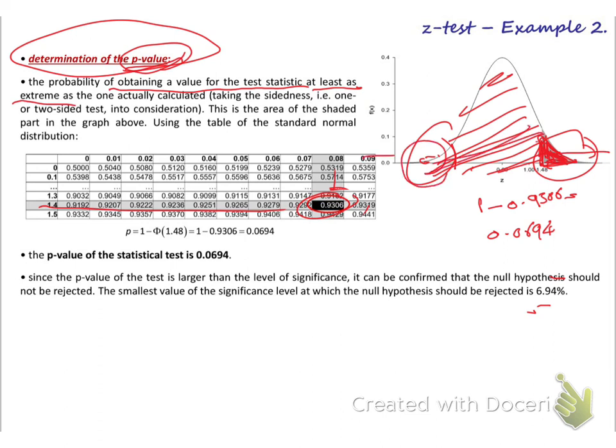In my case, the area which I'm focusing on is to the right, so it will be only to the right. I get Z, compensate here, and get the probability, but this probability is for the area to the left. So the shaded extreme area will be 1 minus this area. So it will be almost 6.9%.